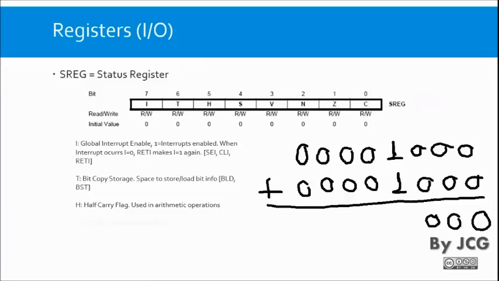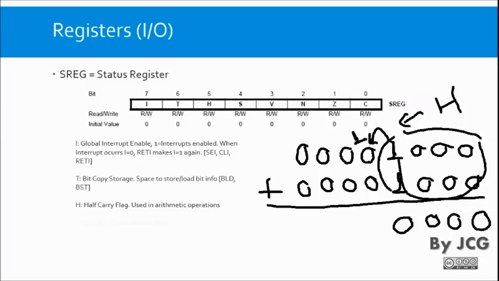So 1 plus 1, the result is 0, and we carry a 1 to the next column. This is what is called the half carry. Why is it half? Because it's happening in the half part of a binary number. And of course the result is going to be a 1 here and also zeros.